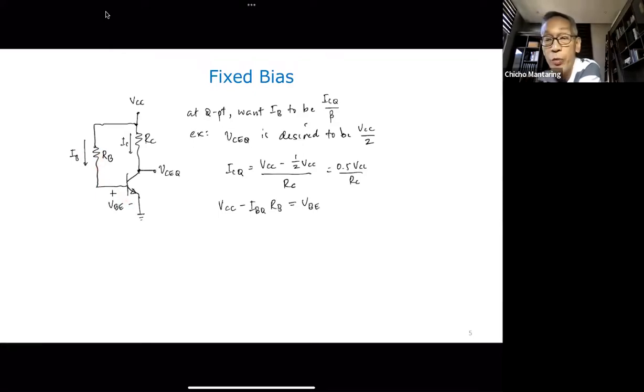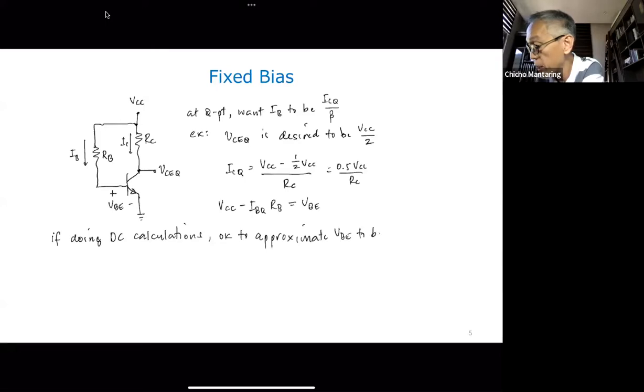And when we're doing DC calculations, that is, our inputs are DC, our inputs are not time varying signals, it is okay to approximate VBE to be 0.7 volts for silicon.